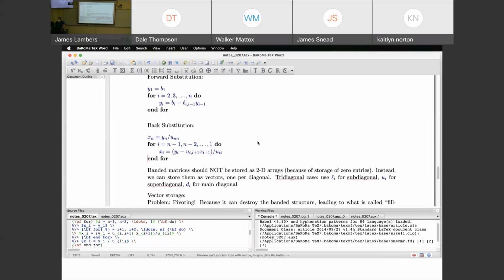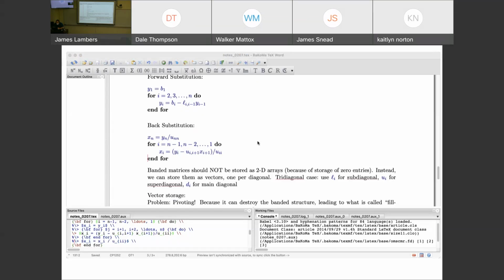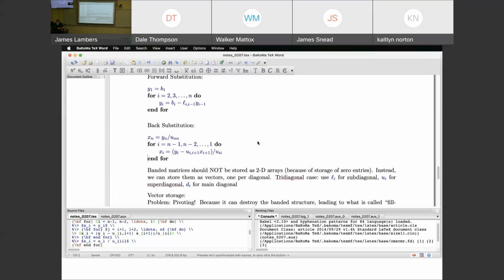So all three require order n operations rather than n squared or n cubed. Questions?